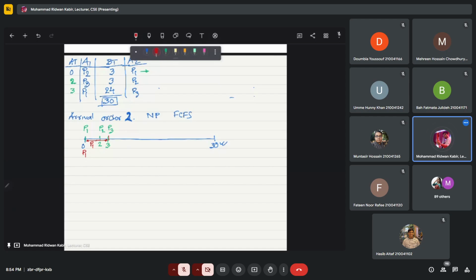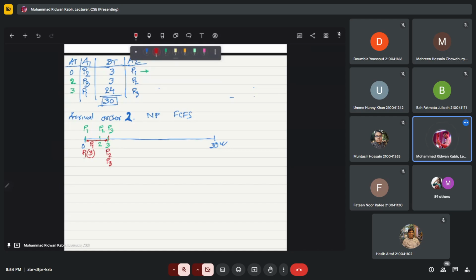Now at time 3, that means when P1 finishes, and remember that whenever you note down a process in this list, always write down its burst time. P1 has a burst period of 3, so P1 goes up to time tick 3. At this point, how many processes do we have in our system? We have the processes P2 and P3, because P1 has completed.